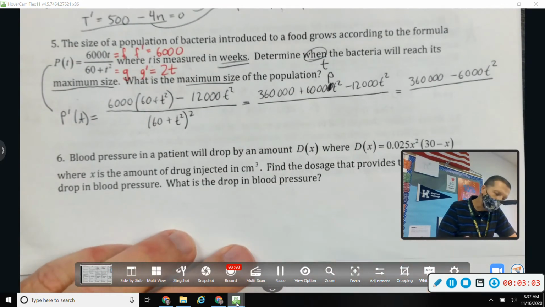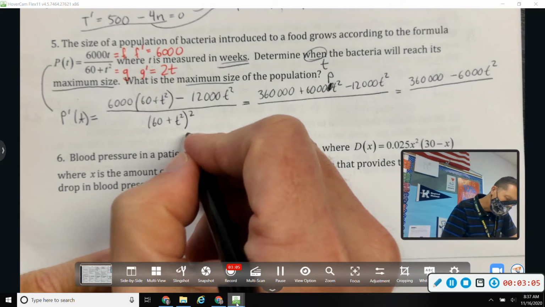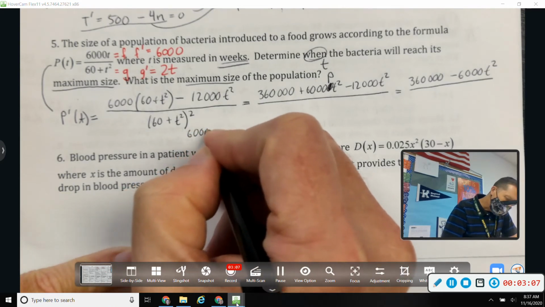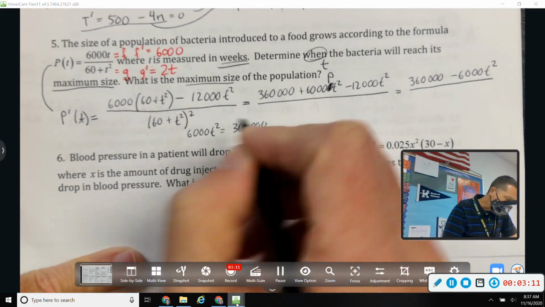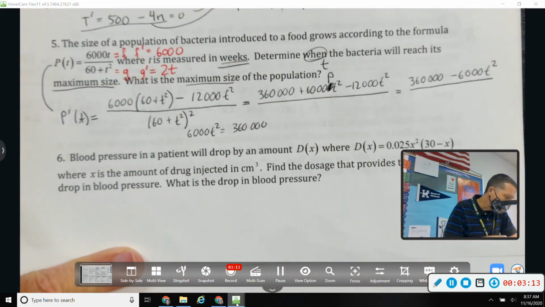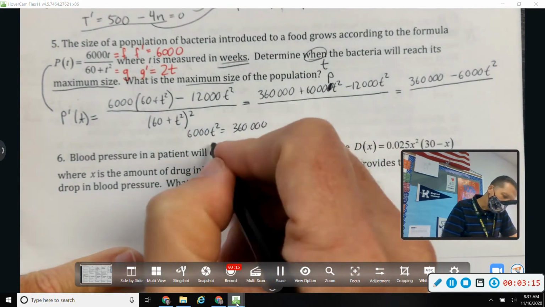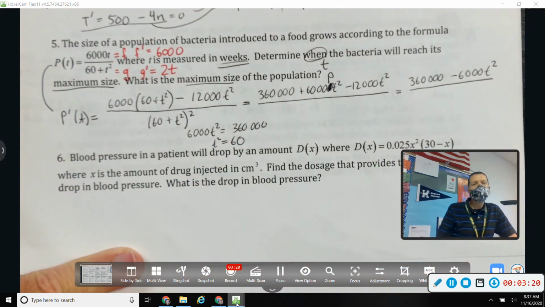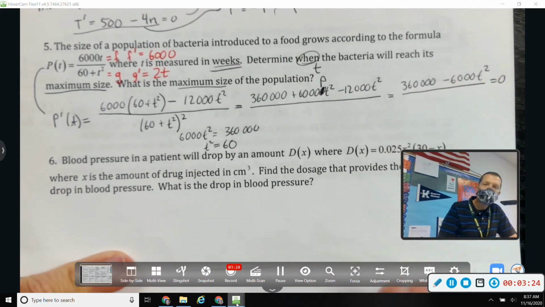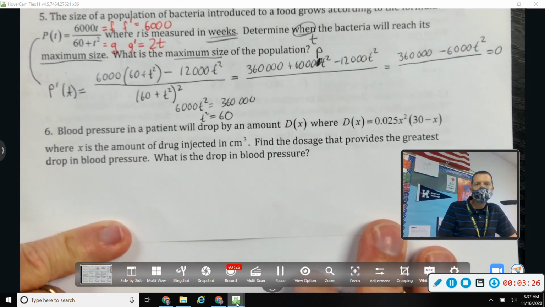So let's set the top equal to 0. So 6,000 T squared equals 360,000. So T squared equals 60. Because I set the derivative equal to 0, let me go an extra step there.